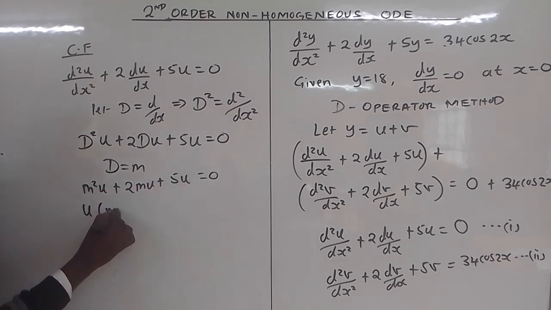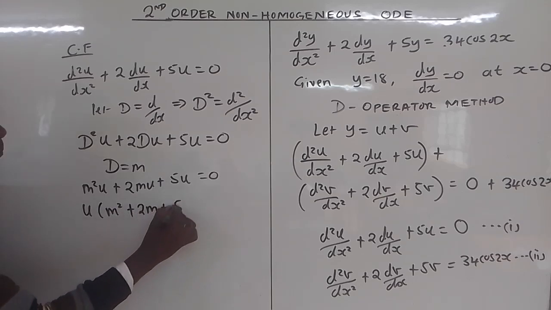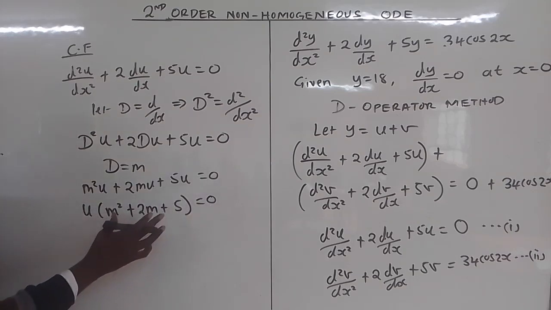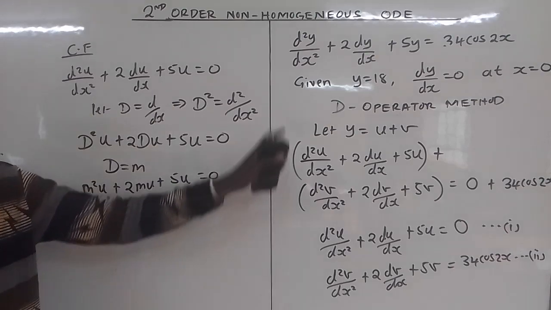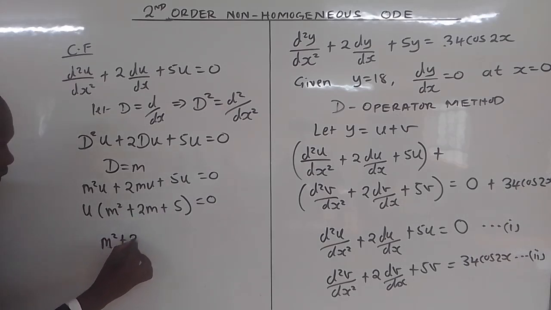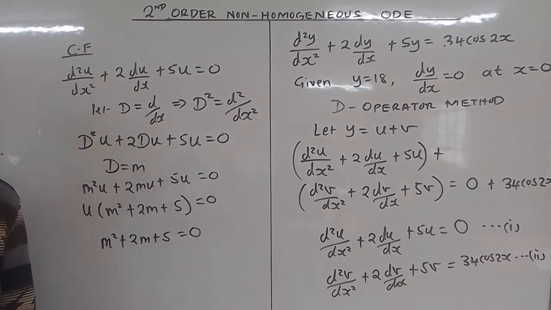Then you get m squared plus 2m plus 5 equals 0. This implies either u equals 0 or the second factor equals 0. When u is 0, it means the differential equation does not exist, so it is the second factor, m squared plus 2m plus 5 equals 0.